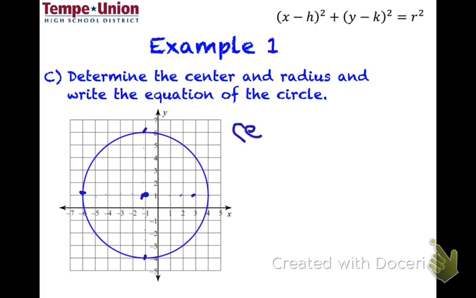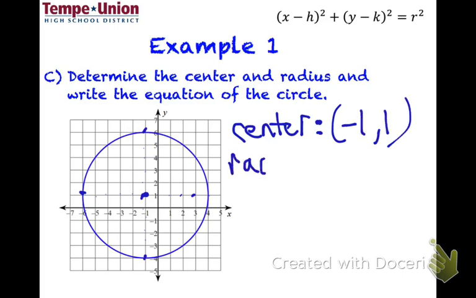So the center would be -1, 1. And the radius would be 5. All right, so then we write the equation.